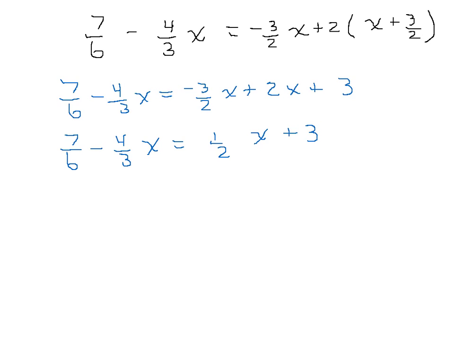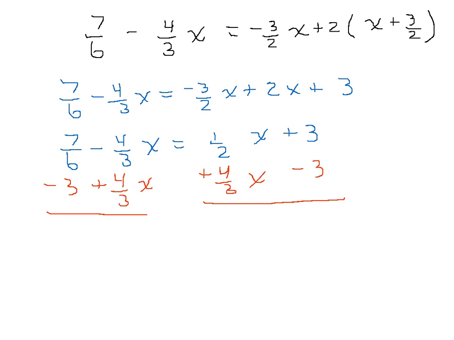Now it's time to separate. So let's see, what am I going to do here? I will add 4 thirds x to each side, and then I want to get rid of the 3 over here, so I'll subtract 3.